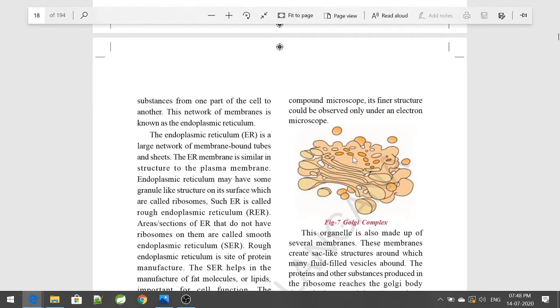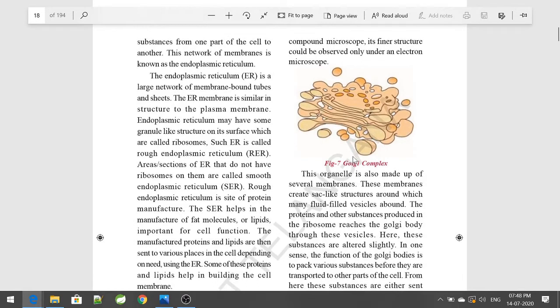Their function is that they are mostly present near the cell membrane, and they supply or transport the proteins where they are needed. So they store the proteins inside the vesicles. So the Golgi complex is very important. They are bulged here at the ends.